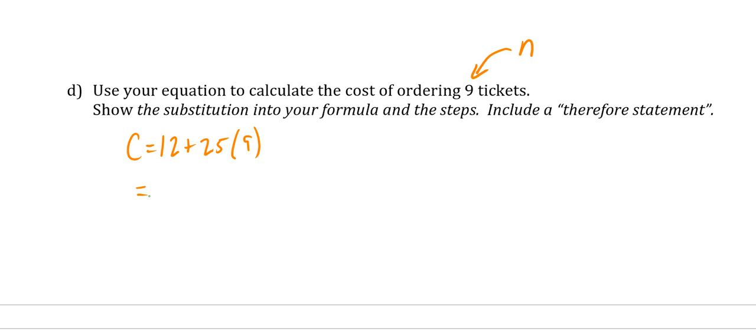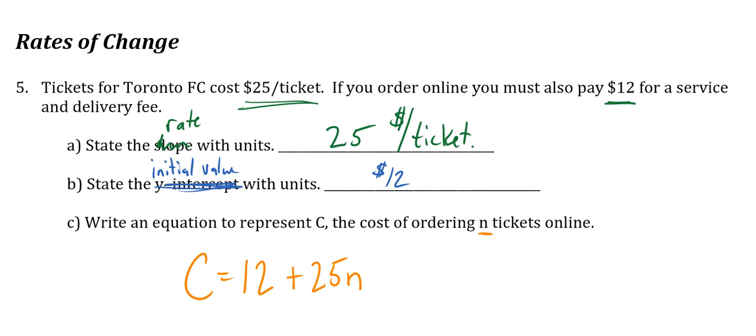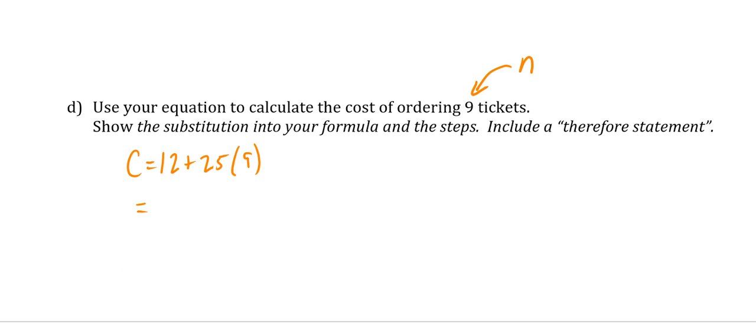Remember in linear relations, it's all about where does it start and what's the change. And so that's exactly what this question is talking about. So I'm going to do 25 times 9 first, and that's 12 plus 225. If you're spending $225 anyway, what's an extra $12, right? So 237, and then I'm going to do my therefore statement and put units in.